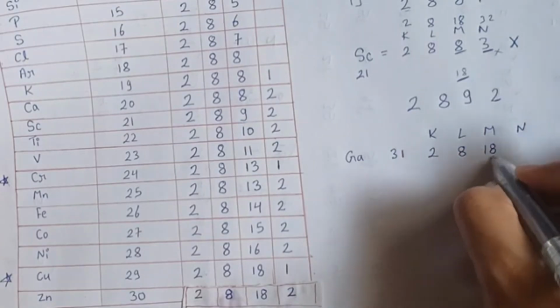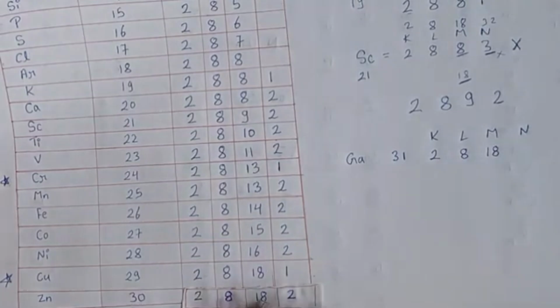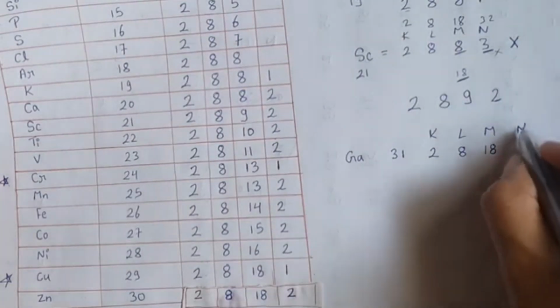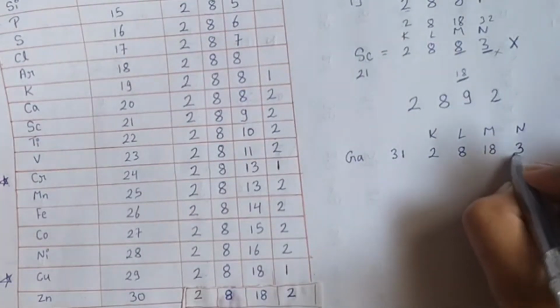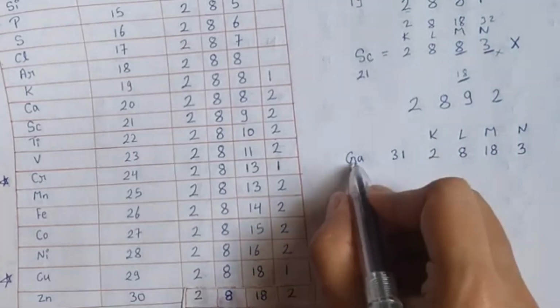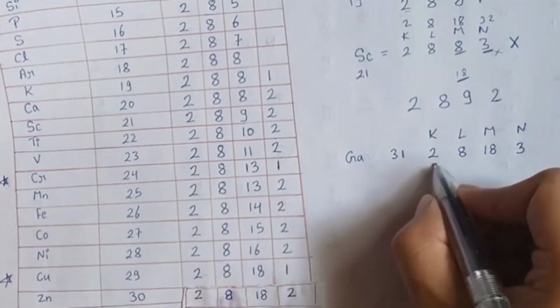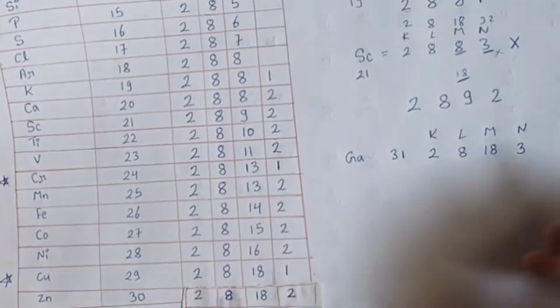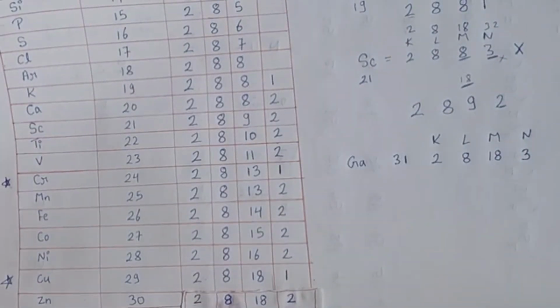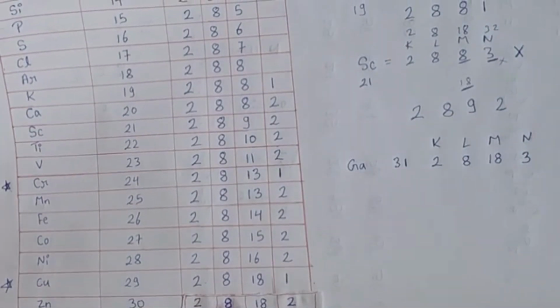Now the fourth rule implies here, if you see, a complete 18 electrons are filled in the inner shell, that is the M shell. So after filling 18 electrons, you can take more than 2 electrons in the N shell. So you can take 3 here. So gallium, atomic number 31, you can take 2, 8, 18 and 3. Hope you understood the complete electronic configuration of 30 elements.